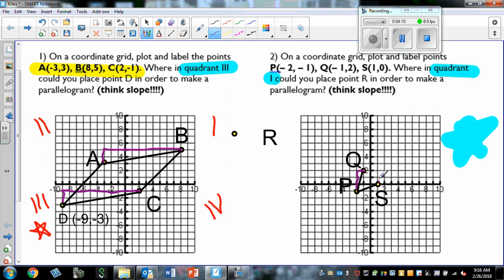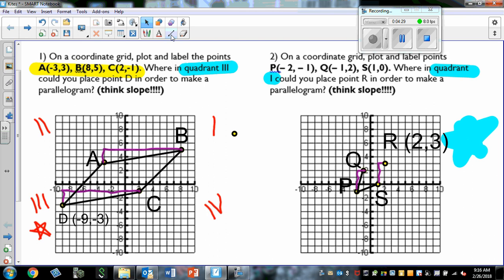So from S, I'm going to go up 1, 2, 3 over 1. And that is where point R should end up. Okay, so R should be at 2, 3 for this to be a parallelogram.